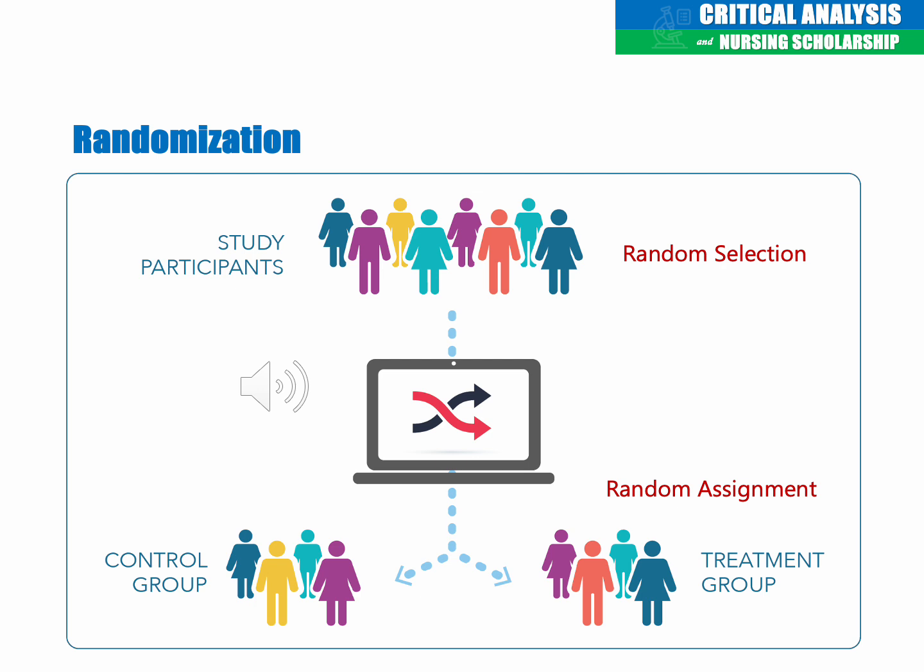When we talk about randomization, there are two layers of randomization that we can do. First is random selection from the participants. And the second one, once we have already selected our participants, we can assign them randomly either in control group and treatment group. For example, imagine you're testing a new pain relief medication.